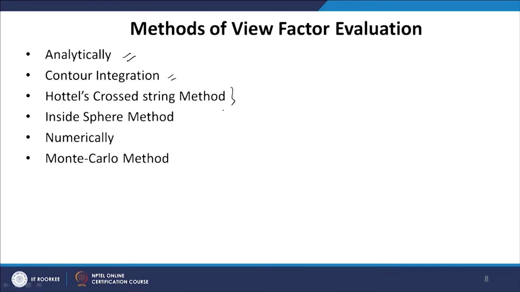Then we have the Hottel crossed-string method and the inside sphere method. We can use numerical methods where we divide the surface into a small number of infinitesimal surfaces, and we can do the calculation based on some numerical scheme. And then the Monte Carlo method can also be used. The Monte Carlo method, based on a ray tracing scheme, can also be used to evaluate the view factor.